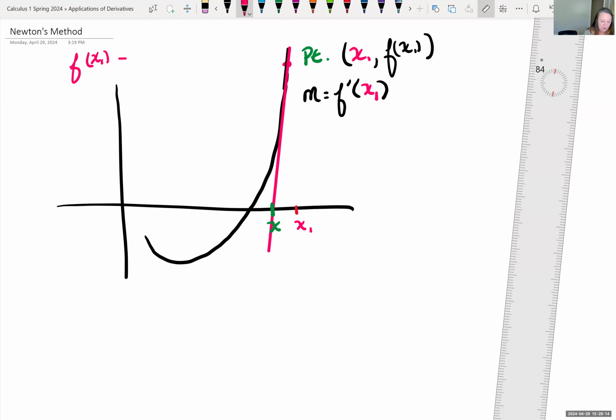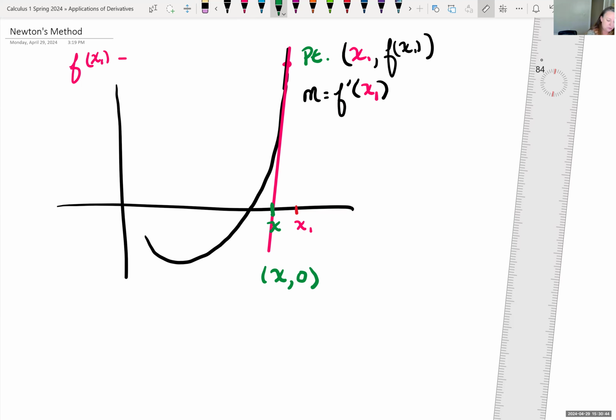So I know that when I'm crossing this axis, my y value is 0. So I also know that at this point right here, where my equation of the tangent line is crossing the x-axis, my point is x, and my y value is 0.